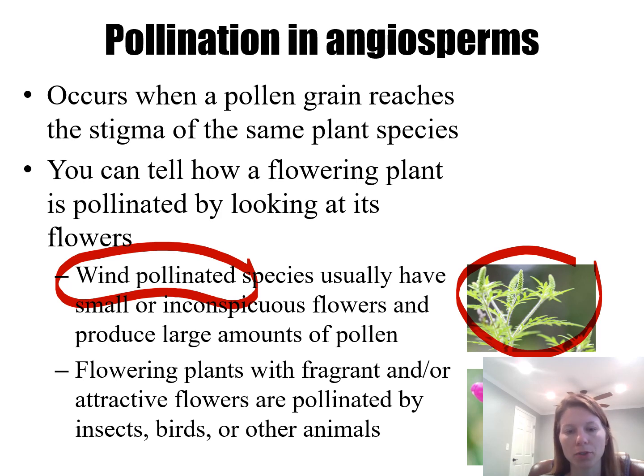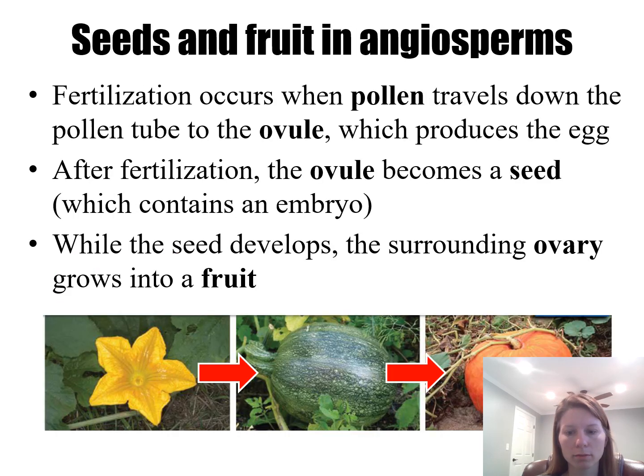And typically they produce a lot more pollen than other types of flowering plants and cause a lot of allergies for people. So grass would be an example. And then just the traditional brightly colored, pretty, fragrant flowers are going to be pollinated by most likely insects or birds.